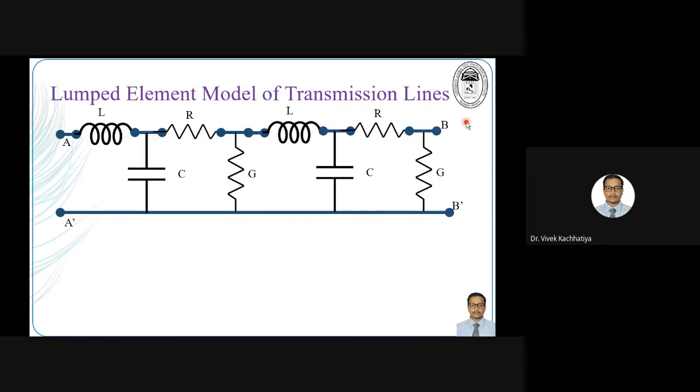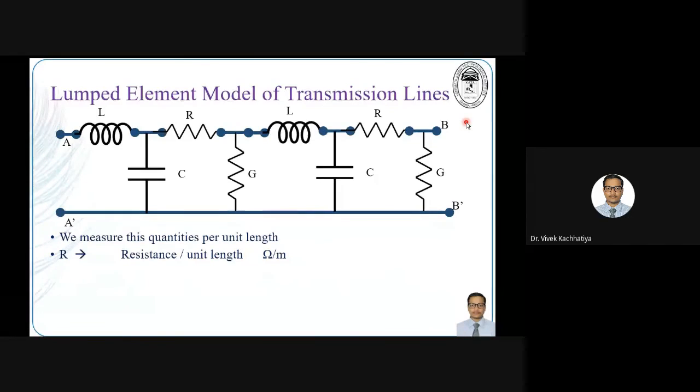Now we will quickly summarize the values L, R, C, and G. We measure these quantities per unit length. R represents resistance per unit length, and its unit is ohm per meter. L is inductance per unit length, and its unit is Henry per meter.